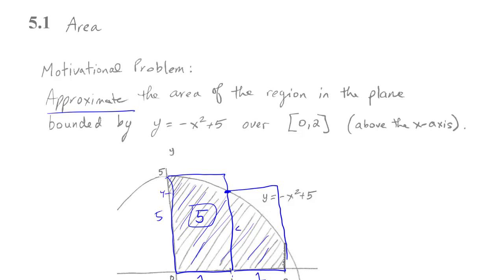So this has a height of 4 and an area of 4, and the whole area is approximately 9. Obviously it's not the right answer because we're counting this blank region up here, which is not in the area, but it's a ballpark estimate.